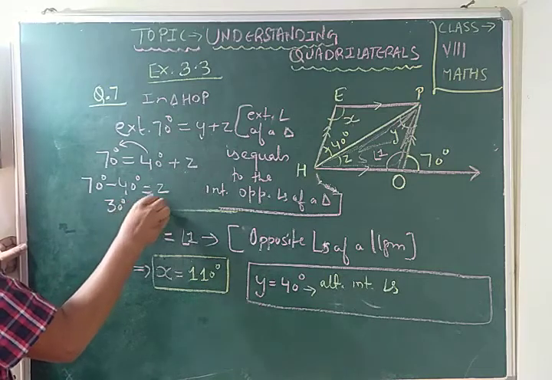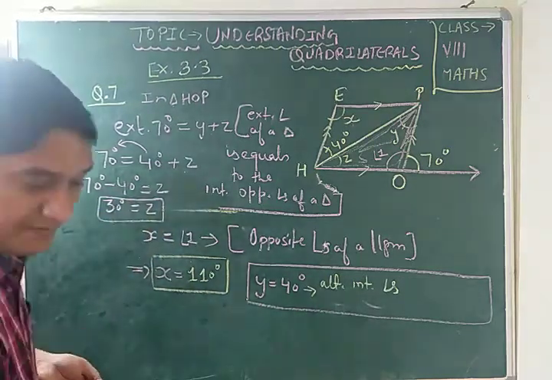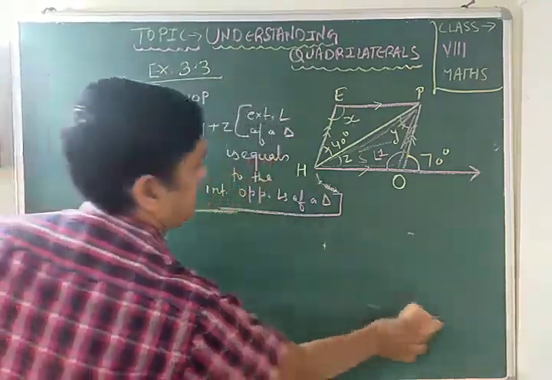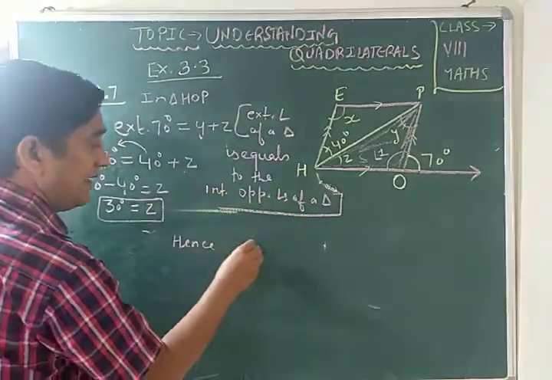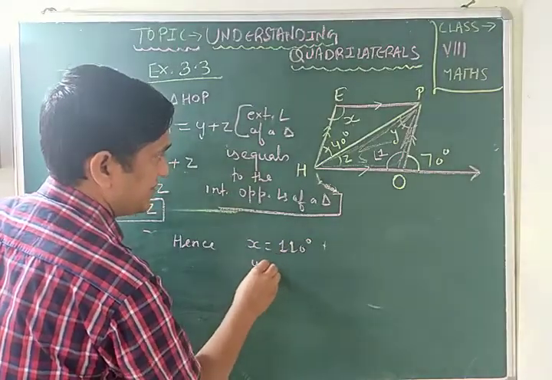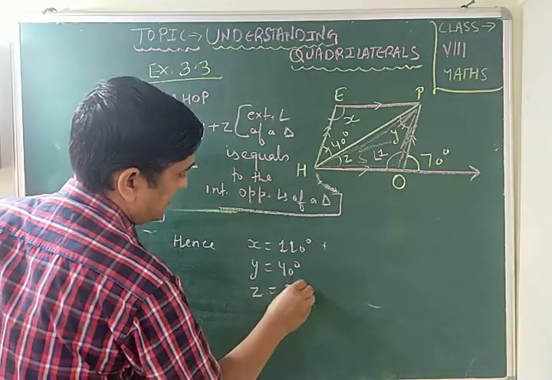The value of z is 30 degrees. Hence you can say that angle x is 110 degrees, y is 40 degrees and z is 30 degrees.